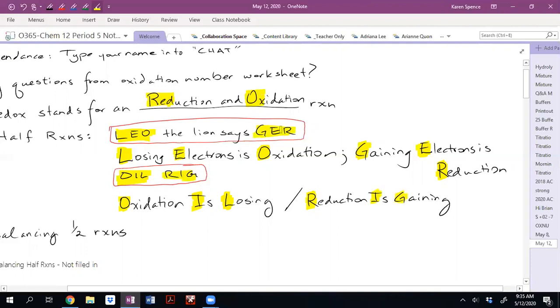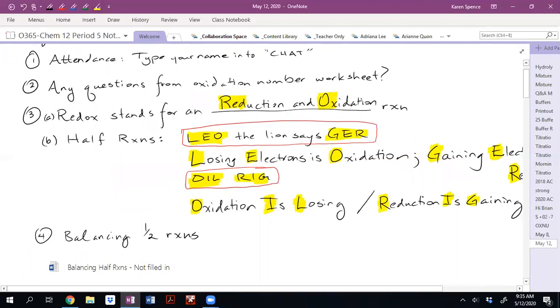Now, the deal is that you cannot, in life, have an oxidation without having a reduction. If somebody is losing electrons, if A is losing an electron, it can't just go flying out into space somewhere. And this is the point at which usually I grab a pen, and the pen is my electron, and then I fling it across the room, and everyone is shocked.